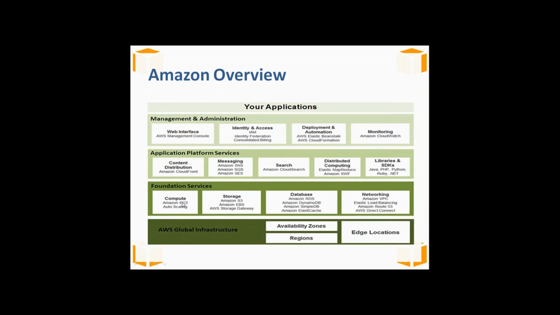Amazon Elastic Compute Cloud, or EC2, is nothing but a VPS. What do you mean by VPS? It is a virtual private server. That means for an end user, if your application needs to be deployed, you need not have a server in your place. It is already provided by Amazon Web Services as a virtual private server.